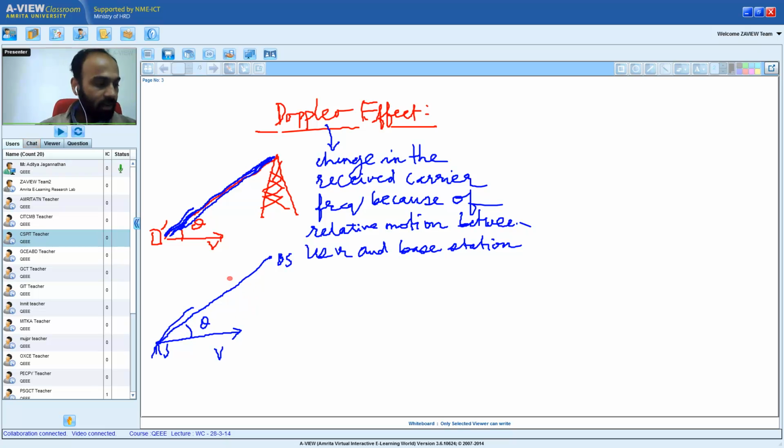Then the Doppler shift is given as Fd equals v cosine theta by c, times Fc, where c is the speed of light and Fc is the carrier frequency. Theta is the angle the velocity makes with the line joining the mobile station and base station.